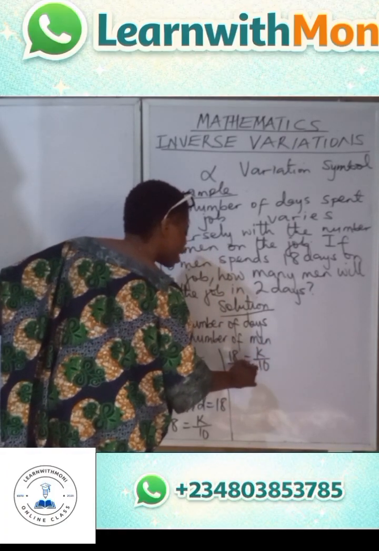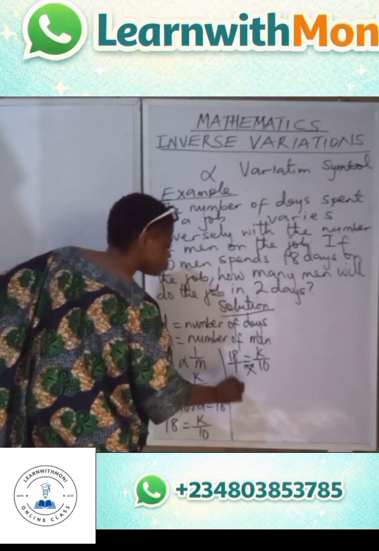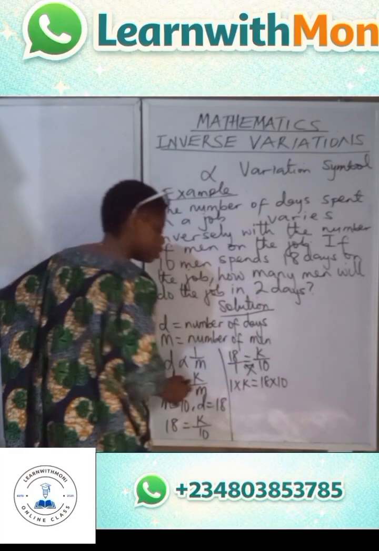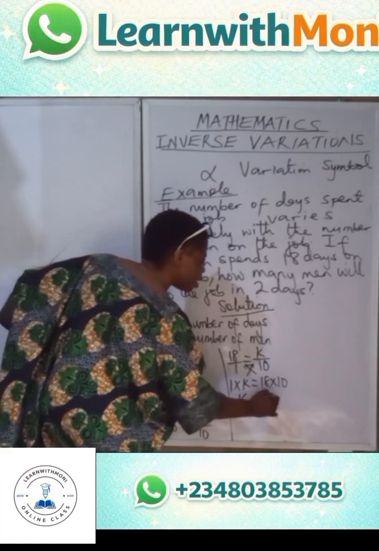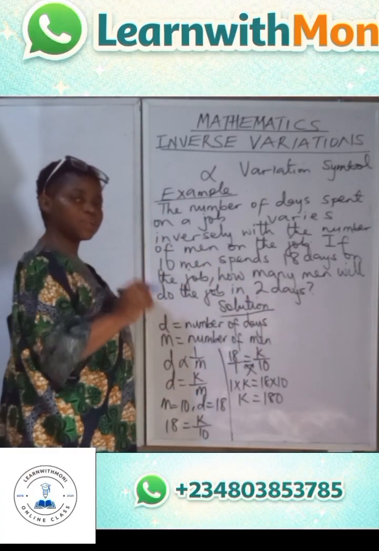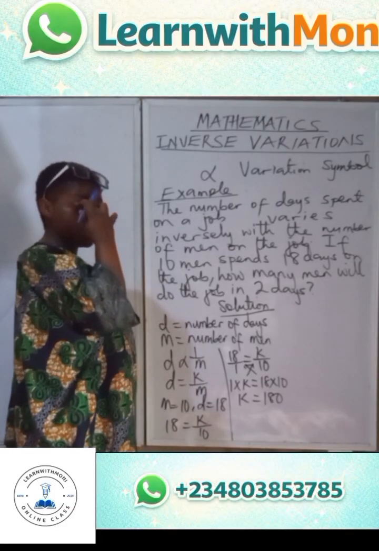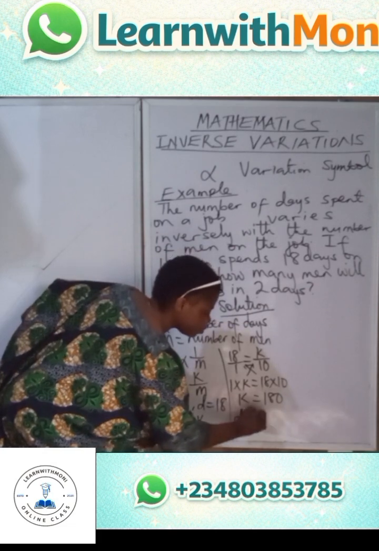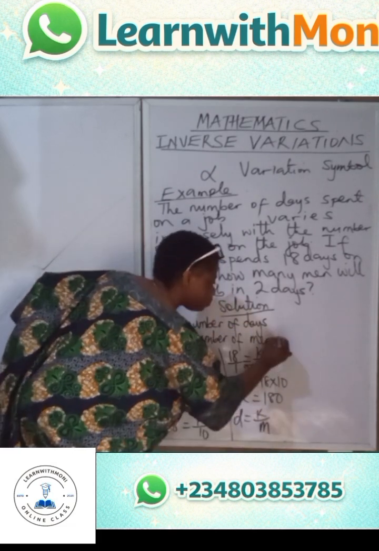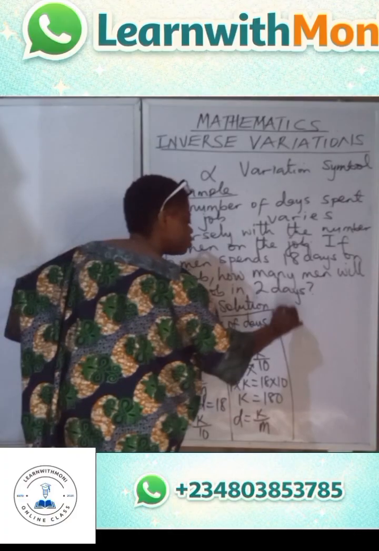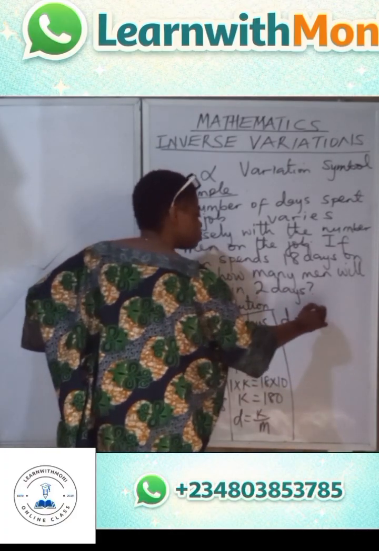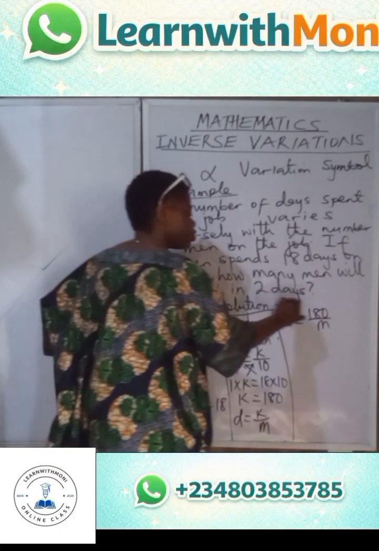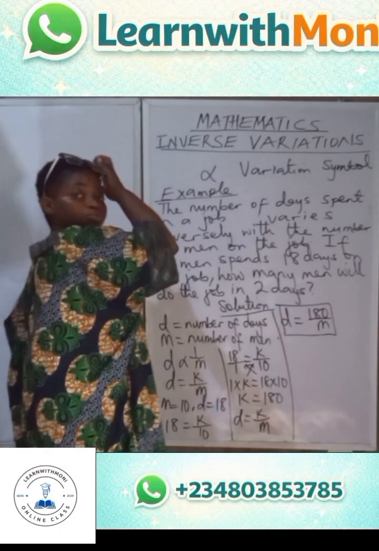By the time we cross multiply, you have 1 times K equals 18 times 10. This means K is equal to 180. That is settled. Now the equation of the relationship. D is equal to K over M. This implies that D is equal to 180 over M. This is the equation of the relationship, the one we are passing through.